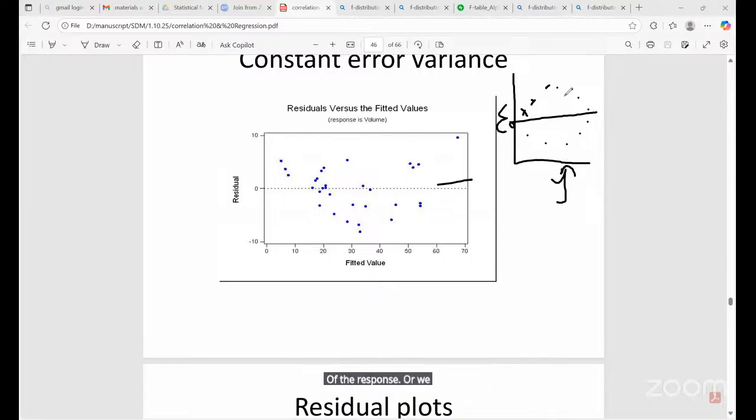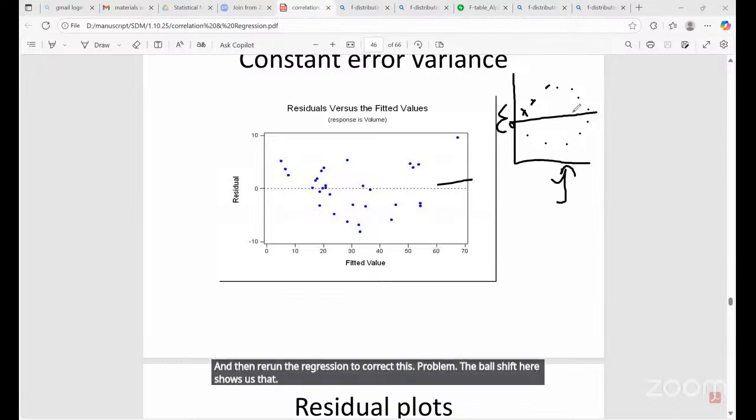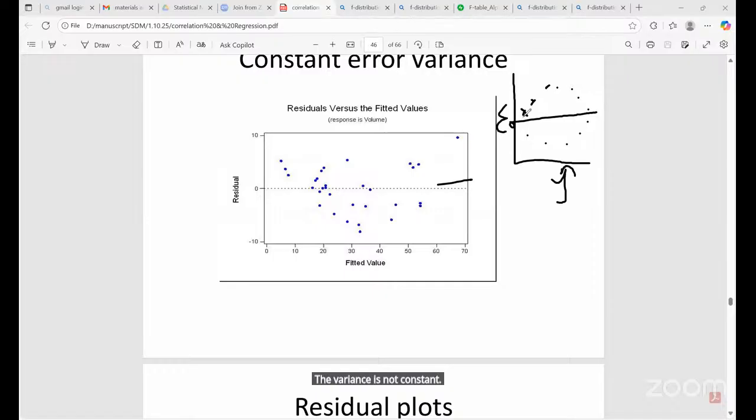Or we can use the natural logarithm of y and x, and then rerun the regression to correct this problem. The bow shape here shows us that the variance is not constant, and it is also showing us that the response has a binary nature.